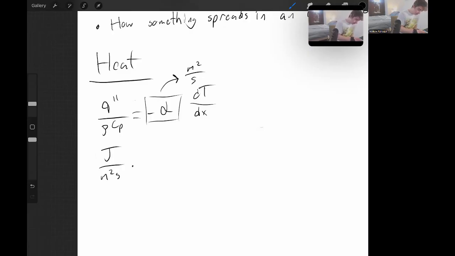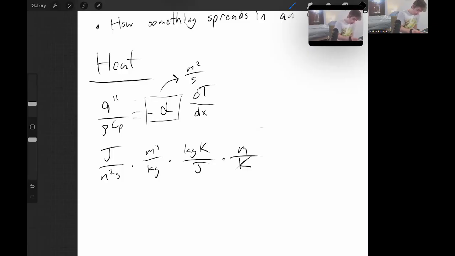Now we're going to take the inverse of the pressure, which is meters cubed over kilograms. We're going to multiply this by the inverse of the specific heat, which is kilograms Kelvin per joule. And then we're going to divide this by the temperature gradient, which would be change of temperature, which is Kelvin, over change of distance, which is meters.